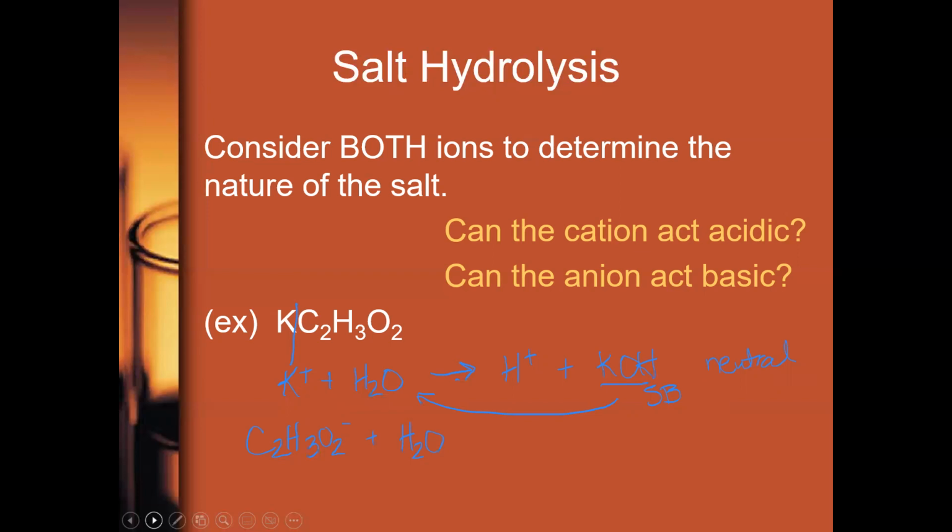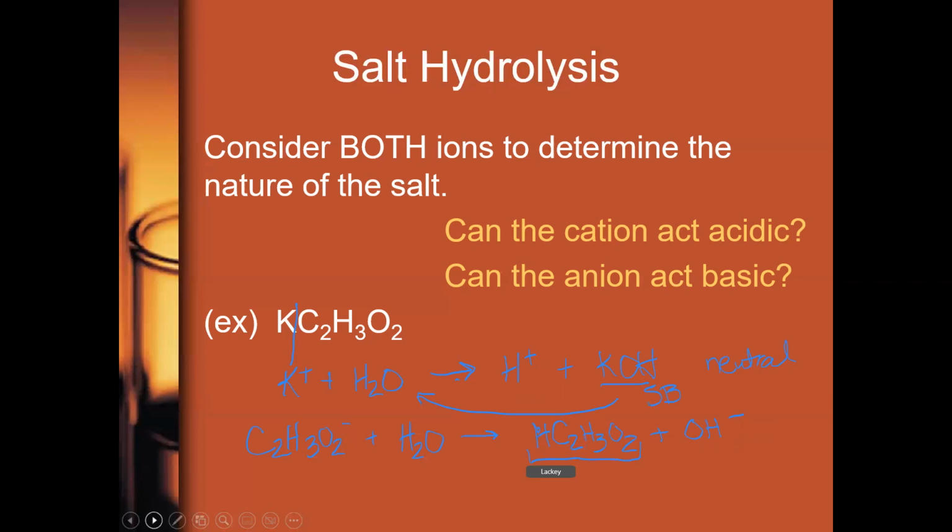Whereas if we look at the acetate ion with water, the hydrogens inside the acetate cannot be given up, but it forces water to give up a hydrogen, and it accepts that hydrogen because it's negatively charged, producing acetic acid, which will leave behind hydroxide floating around.